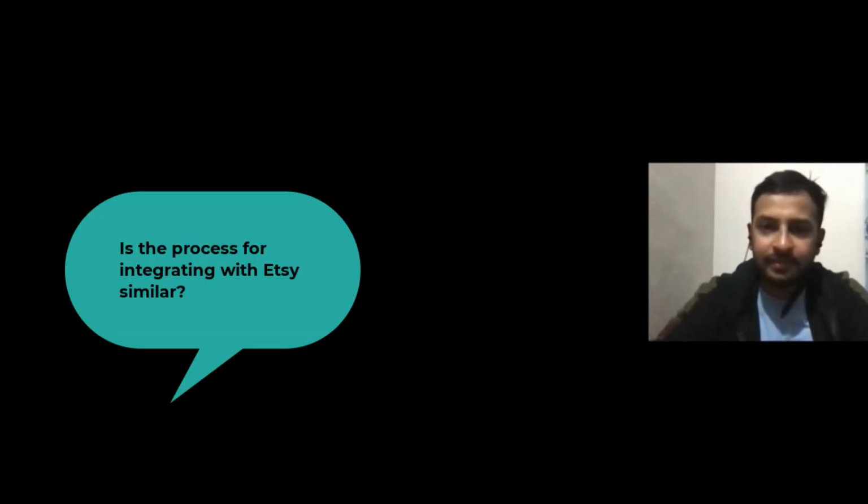Apurva's question: is the process for integrating with Etsy similar to Amazon, whatever you showed? Exactly, Apurva. You won't have much of a difference in this process. The same way, Etsy will also bring in your products and push your products into Zoho Inventory once you integrate. Those unconfirmed items will show you that the marketplace availability is on Etsy.